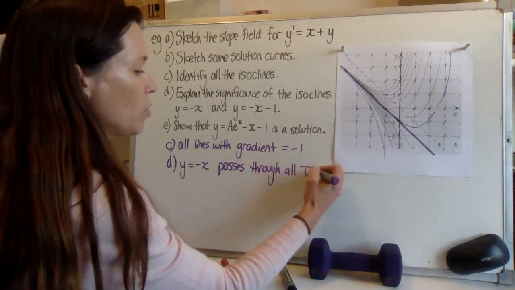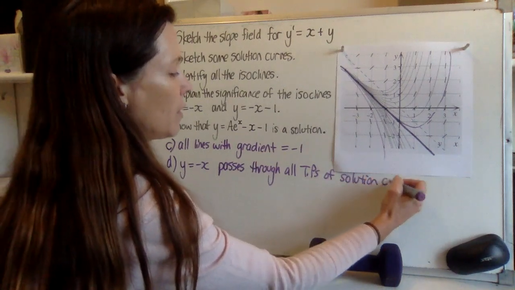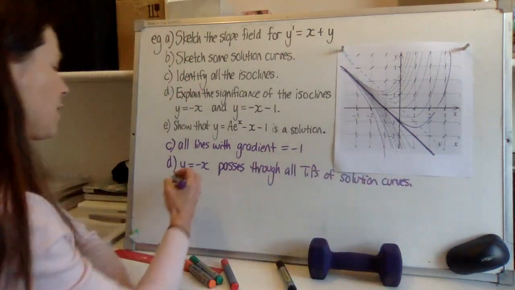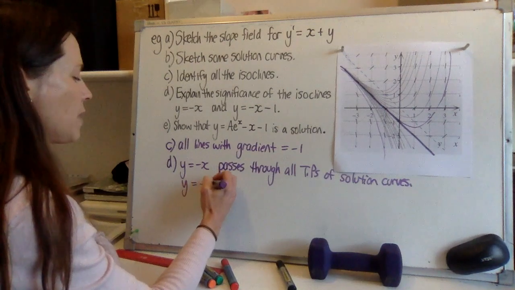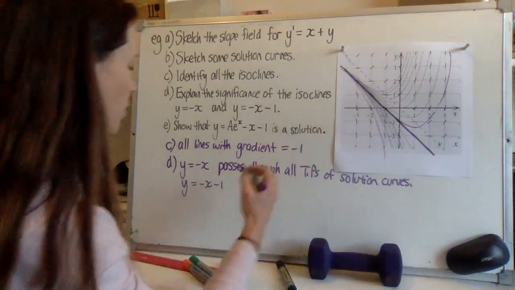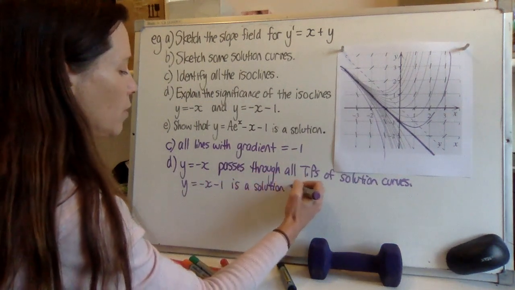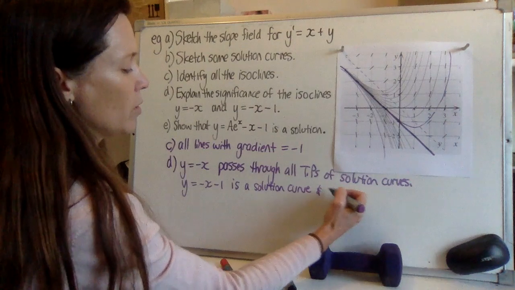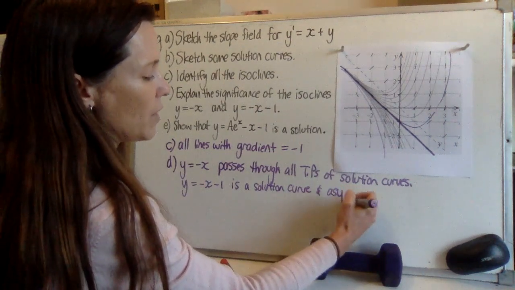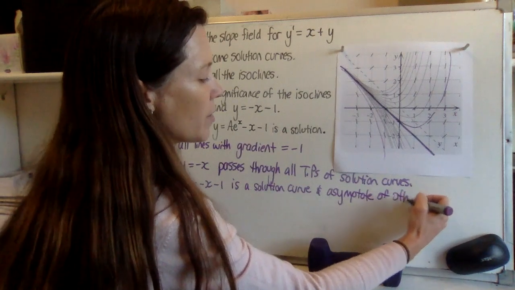We'll say all turning points of solution curves. And then the significance of y equals minus x minus 1 is that it is actually a solution curve itself. It is a solution curve. And it's also an asymptote of the other solution curves, of the other solutions.